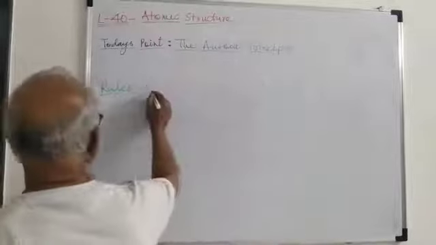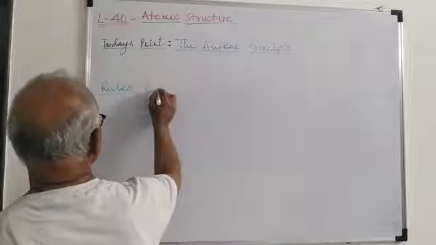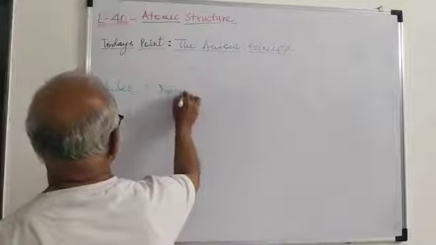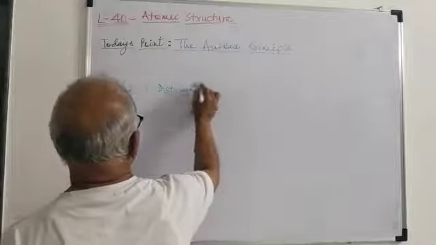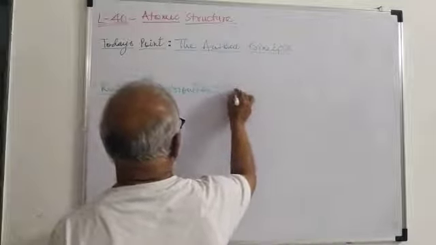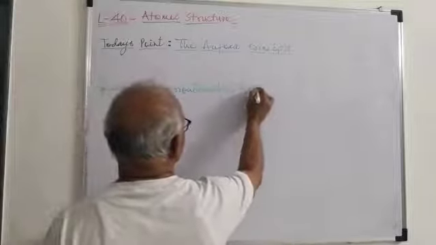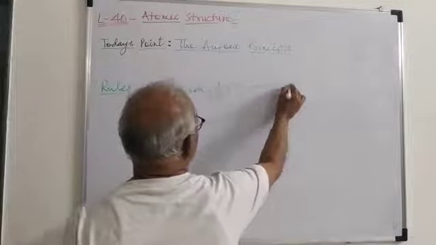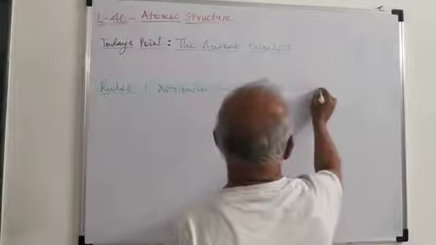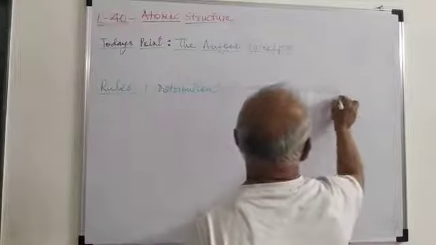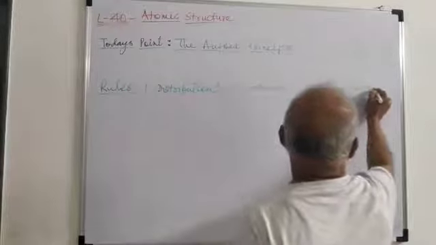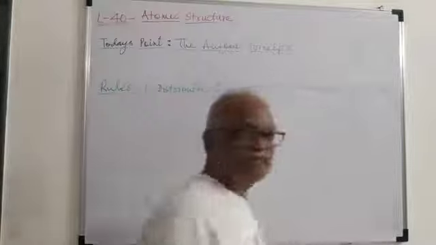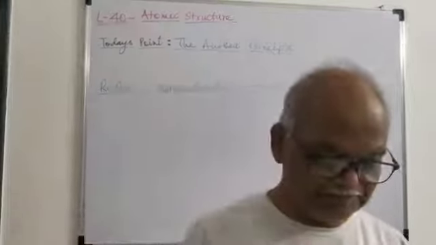So the first rule says that distribution of electrons should result in lowering of energy of the system, that is atom.